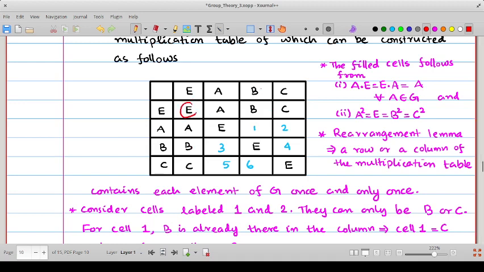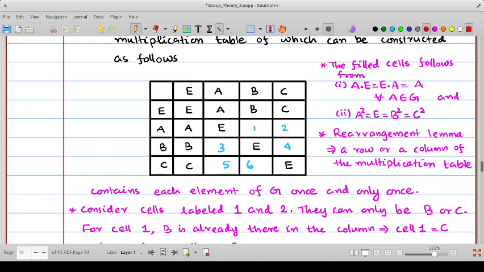For example, this cell is obtained by the product of E with E, but that is simply E. Again, this cell is obtained by A times E, which is A. So the first column is obtained by multiplying the elements of the group, the corresponding row labels, with E, and therefore they will be simply those row labels only. So we can simply repeat these row labels in the first column corresponding to the identity element.